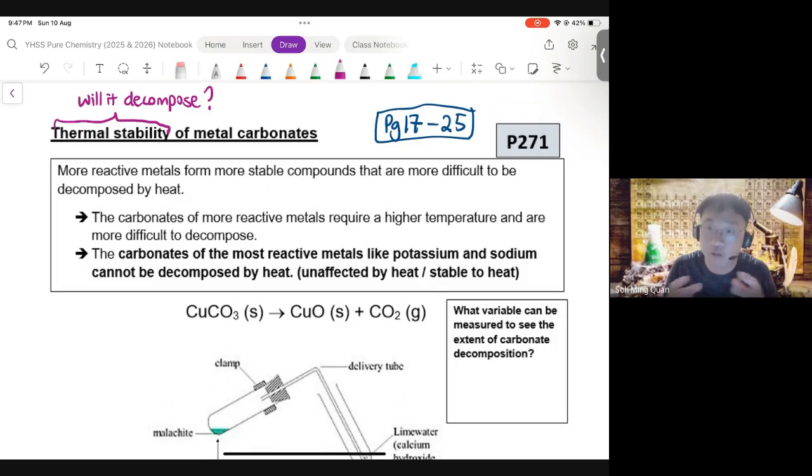For example, if K plus and CO3 2 minus attract each other, they are happy together. K plus does not want to go back to being K because K plus is great, K is not. Potassium atom is unstable. Potassium atom is reactive. It will boom and form K plus. Once K plus forms, it doesn't want to look back.